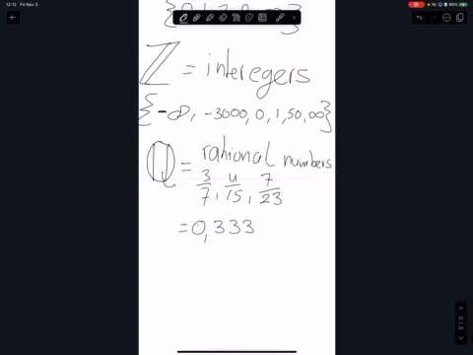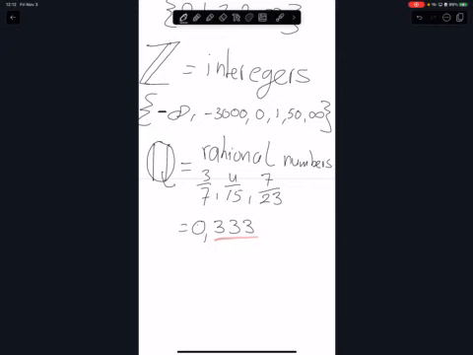So the rational numbers technically are fractions, but to take it a step further, the rational numbers keep repeating themselves. For example, 1 divided by 3 is 0.333333.